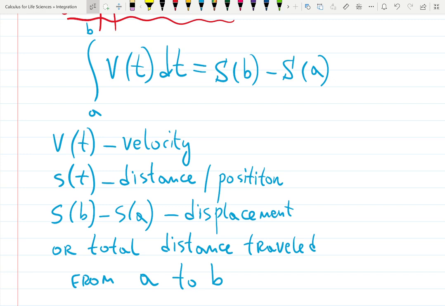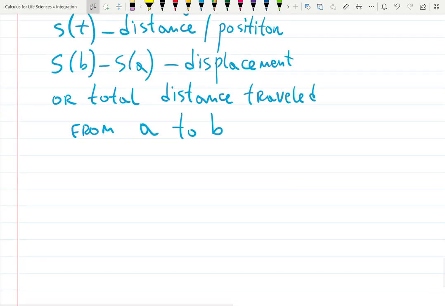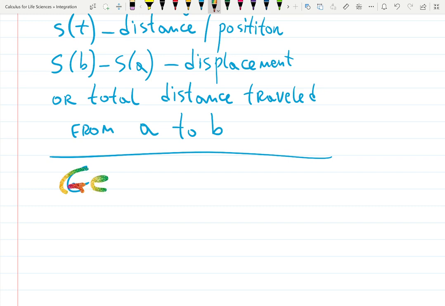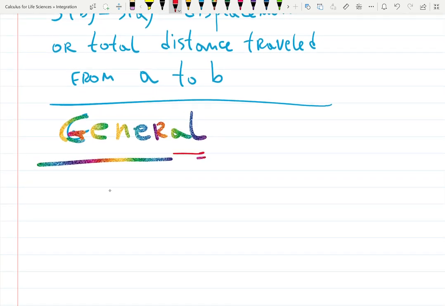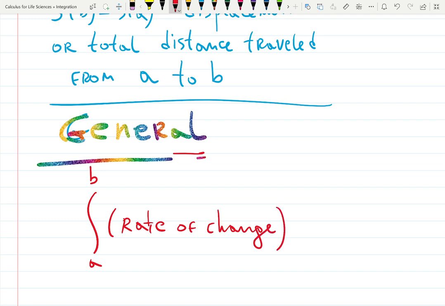And then, more generally, we also have the integral of a rate of change. So in general, let's put it in the rainbow box. In the general case, the integral from A to B of any rate of change, of f dx of capital F. Rate of change is derivative.